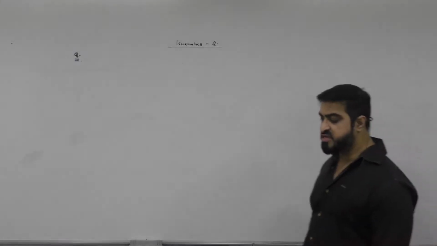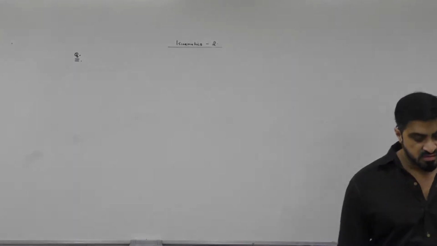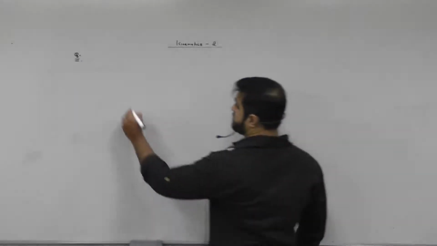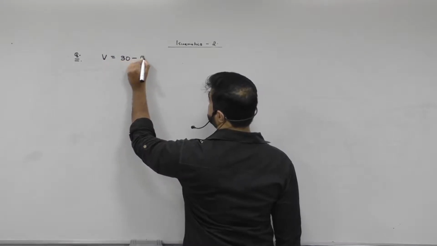And velocity varies as v is equal to 30 minus 5t. ये दिया हुआ है.